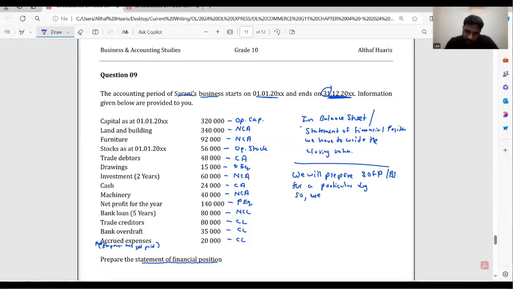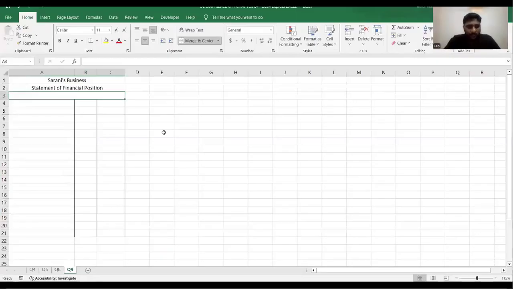For the income statement we use year ended or month ended based on the period. Balance sheet as at 31st December 20XX.